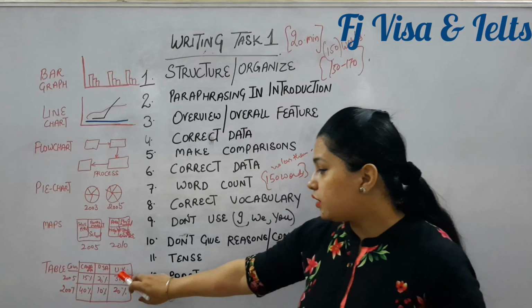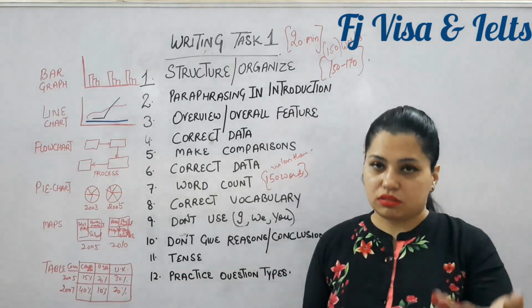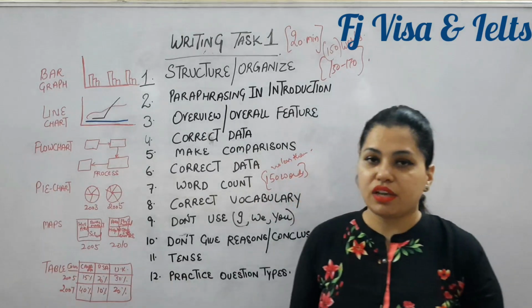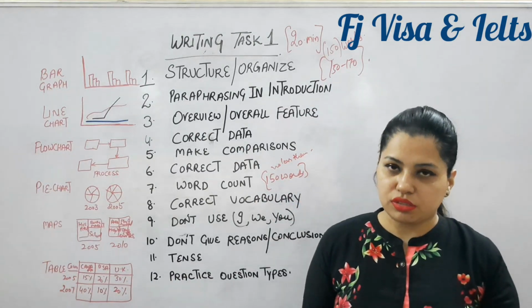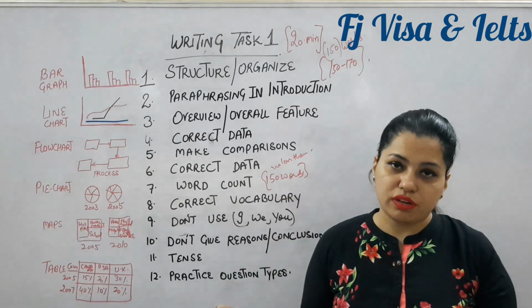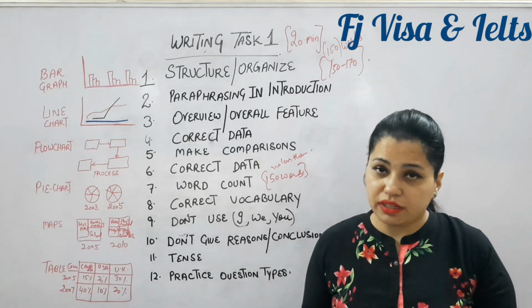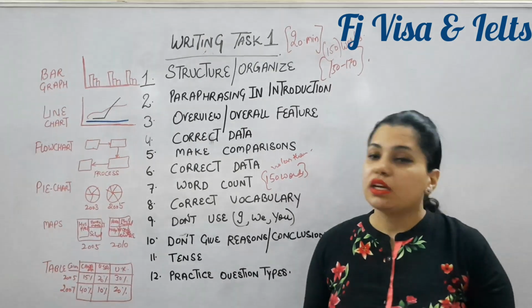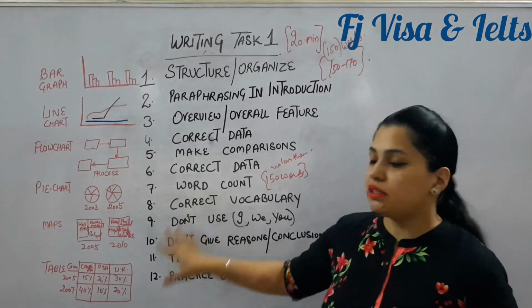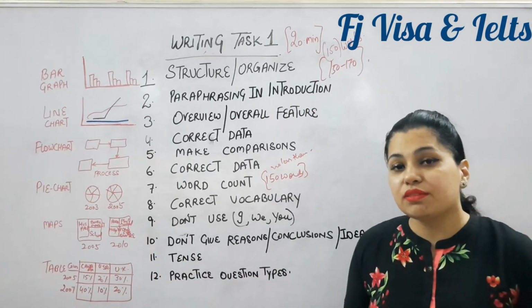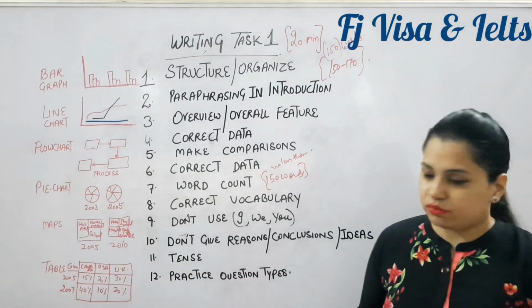So the tense should change with the year. Both these years are 2005 and 2007, so past tense will be used. If there is a future year, like 2025, then there will be future tense. If it's present, then we have to use the present tense. So correct tense has to be given in Writing Task 1 according to the time. If no time is given, then you can use the present tense also.